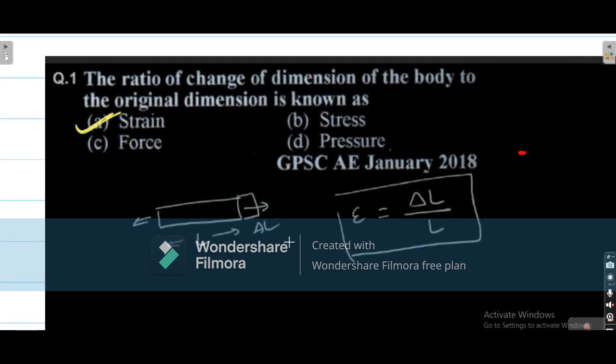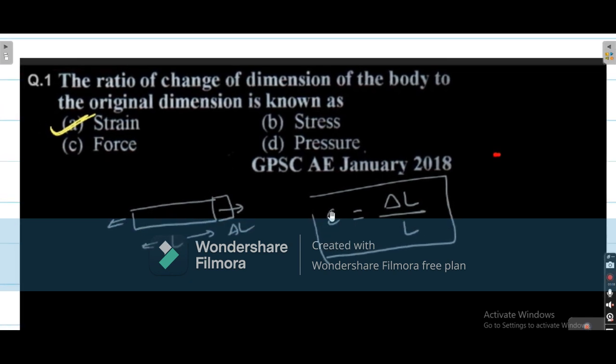Next question: the ratio of change of dimension of a body to the original dimension is known as? Obviously, the change of dimension is denoted as del L, and if the original length is L, then the change of length with respect to the original length is nothing but strain.